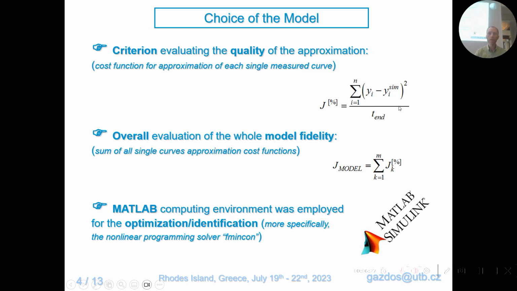So this is the cost function used for every single curve approximation. And we did this for every curve we obtained. The overall evaluation of the whole model fidelity was the sum of all these single curve approximation cost functions.